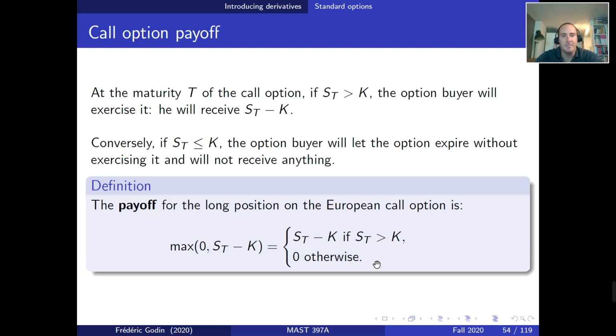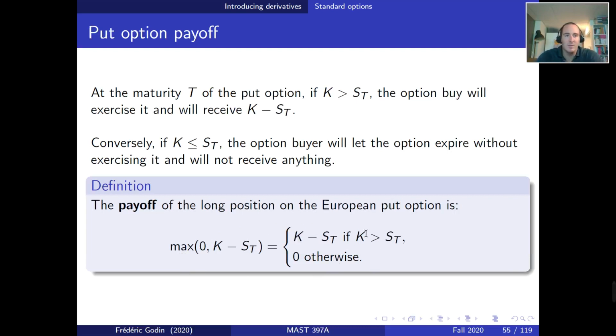Which means that if the underlying asset is worth more than the strike at the maturity, then you will enact the trade and receive the difference in value. Whereas if the underlying asset is worth less than the strike, then you will not enact the trade and the option will expire without any cash flow being exchanged at time capital T. Okay, so this is the mathematical formula for the payoff of a European call option.